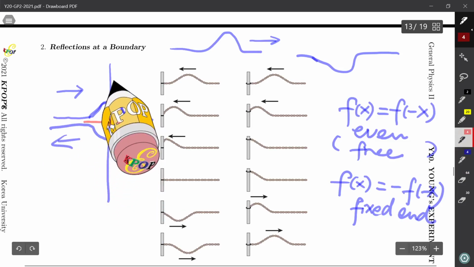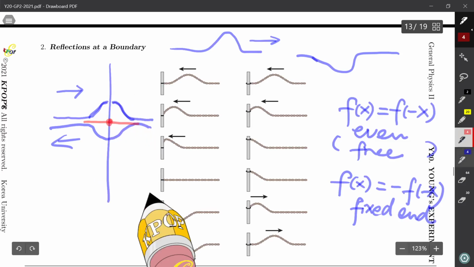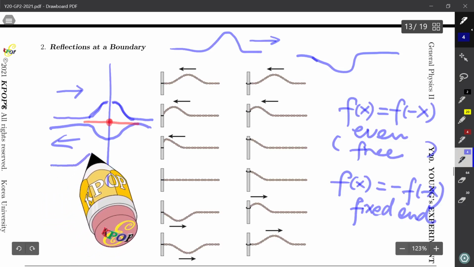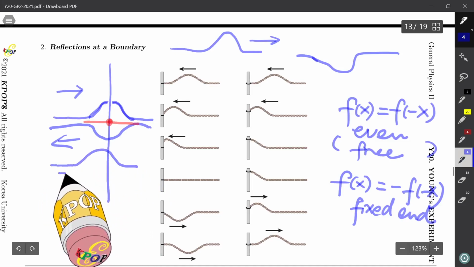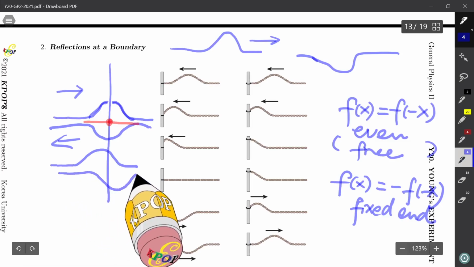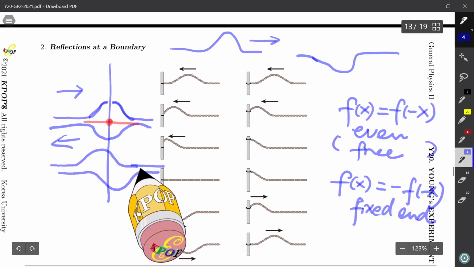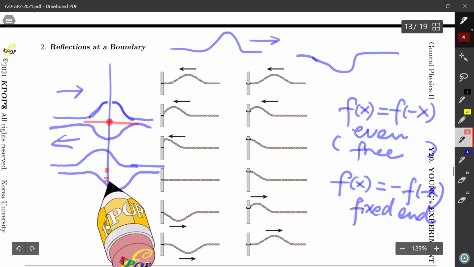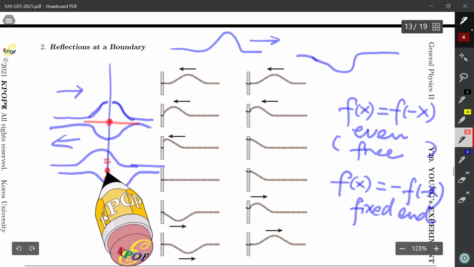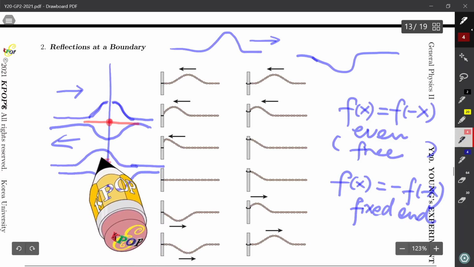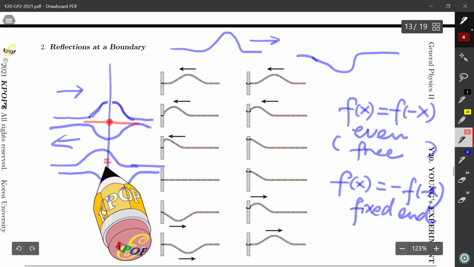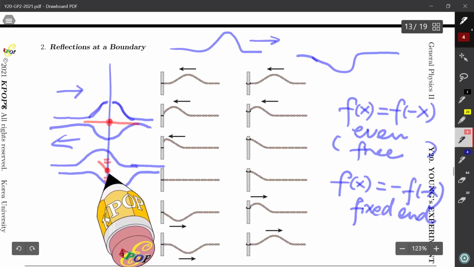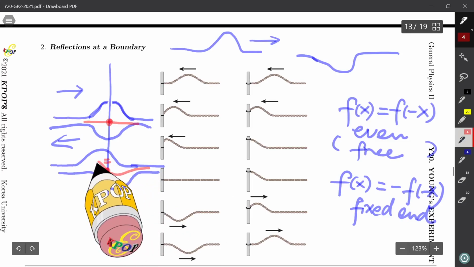But before, this is the central point, just before at this moment, it should have been this and this, right? Although at the boundary, this one is the same, so to have the fixed end, however, the sum of this is not zero, right? It is something like that.